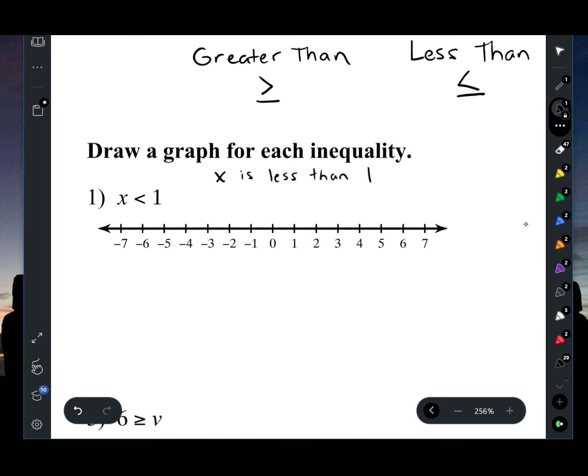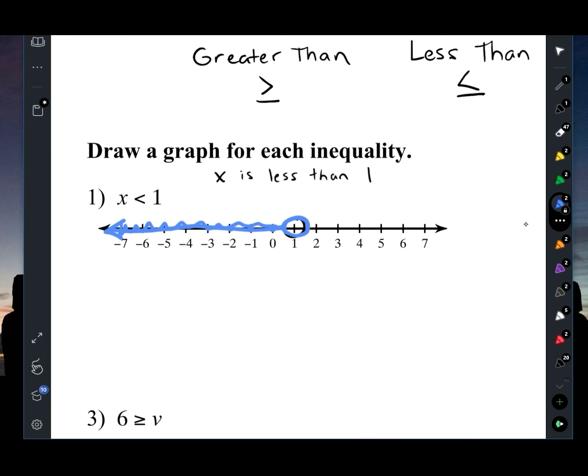That's what's being said. So we're going to highlight 1 again, and I'm going to use an open circle. And now we want to think what values are less than 1. Well, those are things like 0, -1, -2, -3, -4, and so forth. And we're going to highlight that part of the line. And there we go. And that's it. Just drawing that inequality.